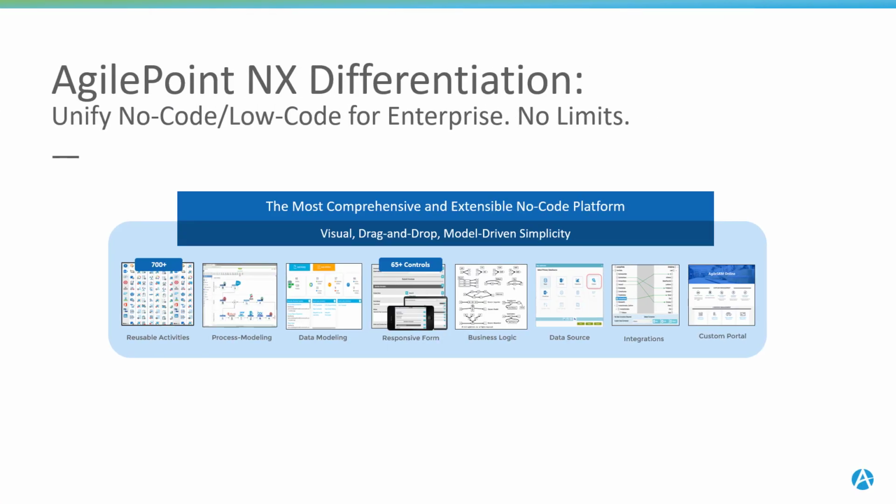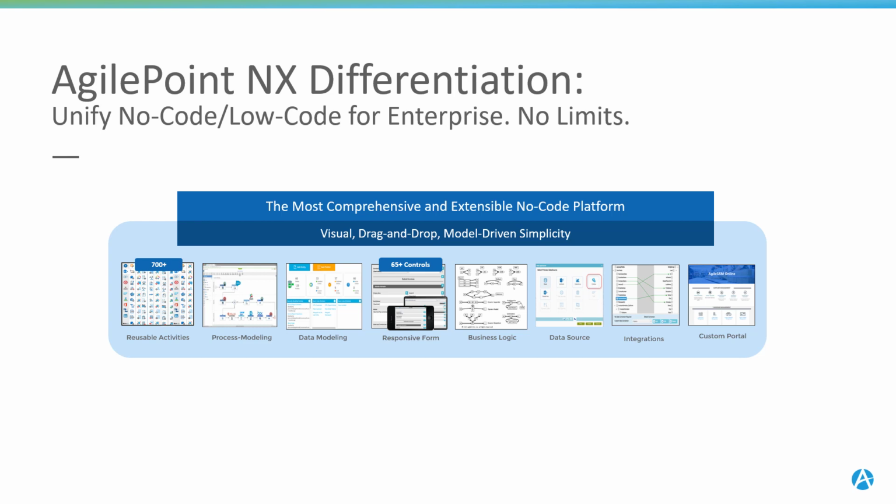Now, the last piece that I want to touch on here before I get into the demo is talking about the different components from an AgilePoint perspective and how we cater to the different developer types. So what you're seeing on the top here, this is all AgilePoint's drag and drop and configure component of the platform. As you're seeing here, I'm given everything that I need to build, run, and continuously improve an application. By that I mean a strong integration framework so that AgilePoint fits seamlessly into your technology landscape, including components to enable less technical developers.